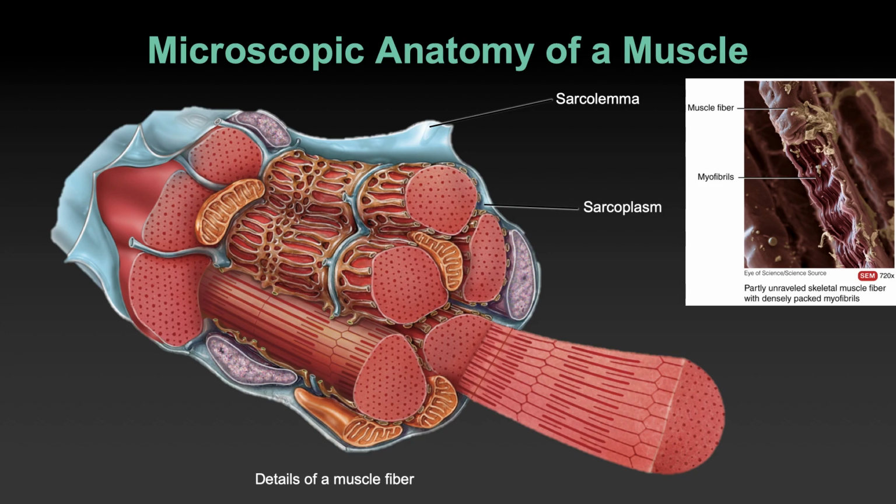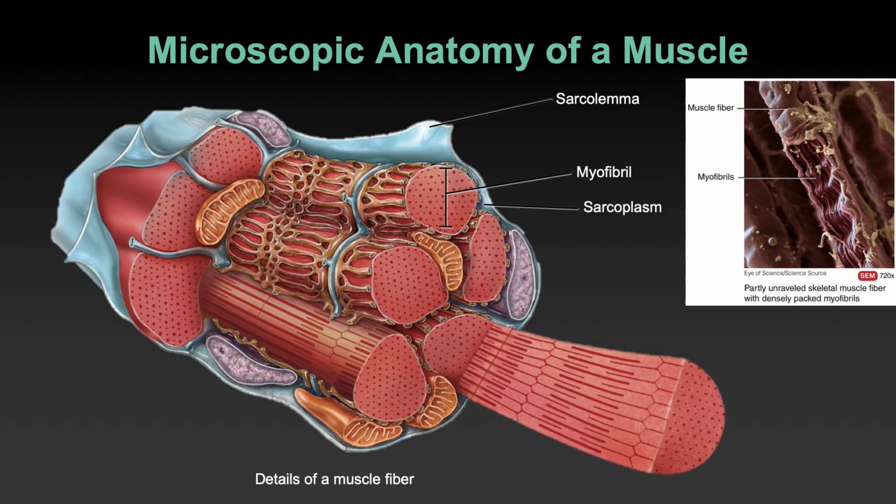That space is the sarcoplasm, cytoplasm, but sarcoplasm means specifically that in muscle, cytoplasm of muscle. All the space containing all the nutrients, molecules, enzymes, etc., that bathe all the structures within the muscle cell is contained within the sarcoplasm.